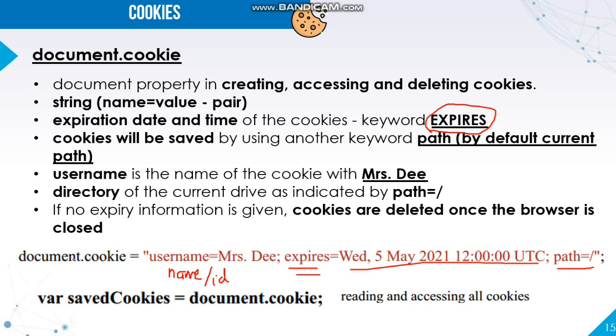So this can be implemented, and if you want to read or access all the cookies that have been used, you may just declare a variable called save cookies, and then place document.cookie to read and access all the cookies that were placed. Again, this is the syntax in which you can apply a cookie on your browser.